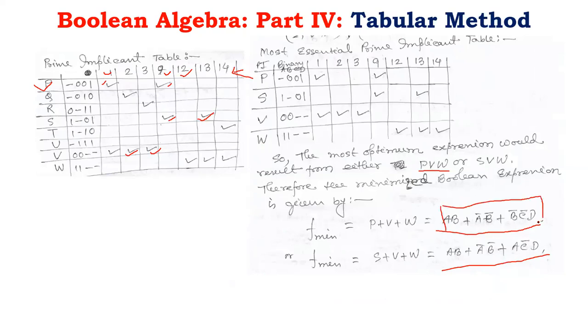Okay, this is B bar, C bar, D, and then V.